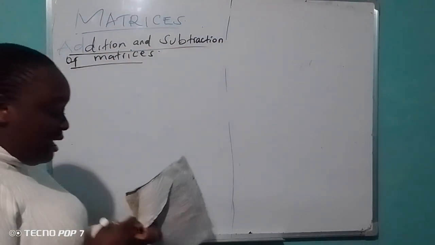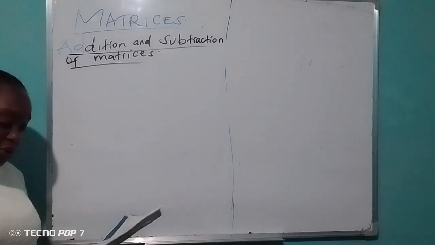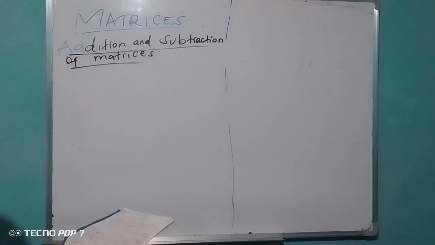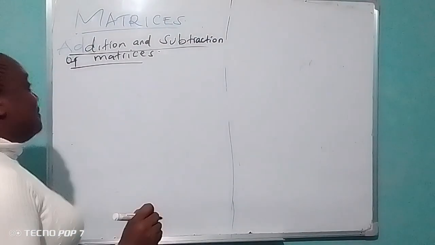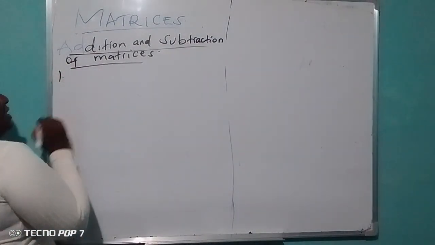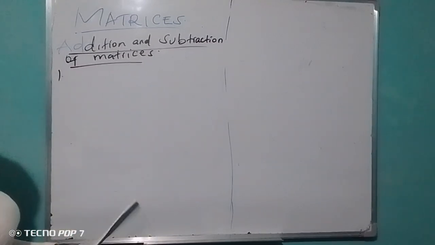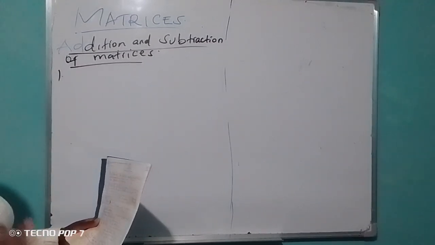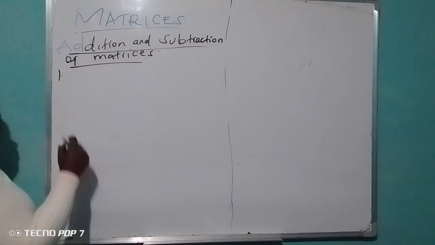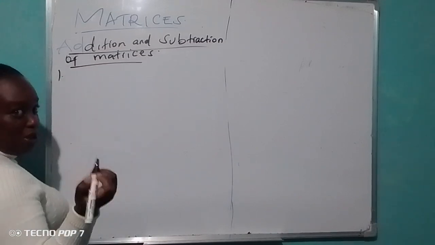So let us do addition and subtraction of matrices. So we have some rules that will govern that. The first rule is that when adding or subtracting matrices, they must be of the same order. We know what order is.